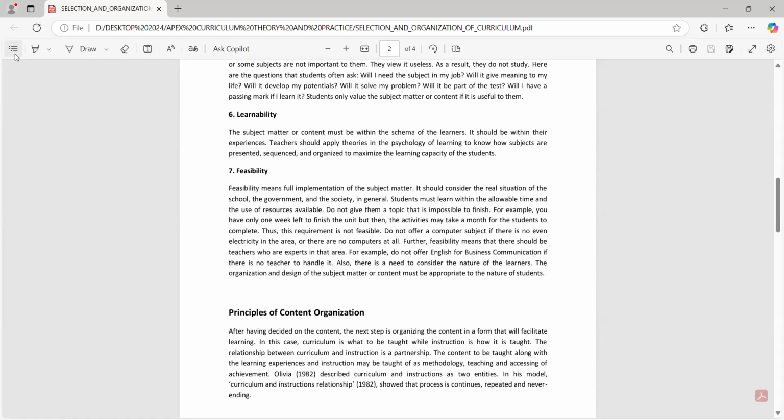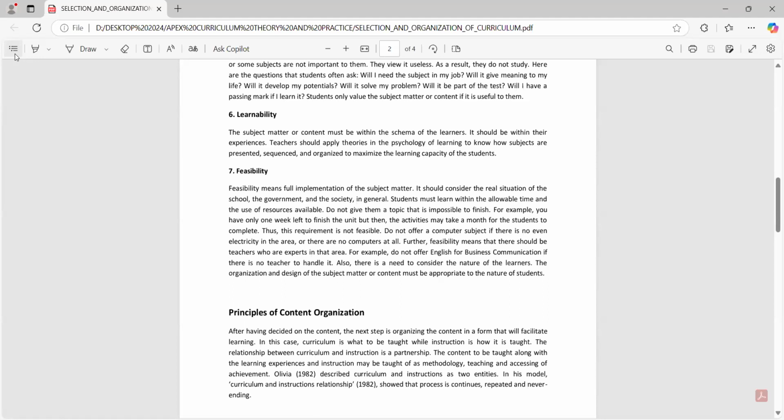So facilities, resources, or human resources like teachers. If there are no resources, the teaching of this content is not feasible, not practical, not possible. So you have to think of this resource availability. And it's not only resource availability.